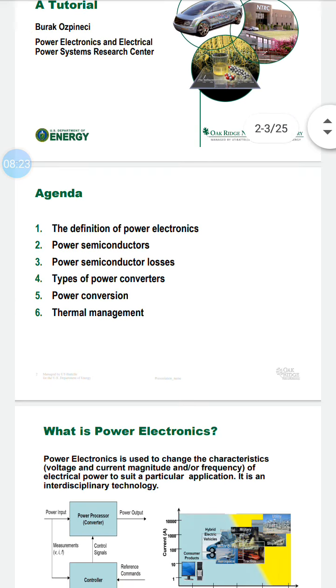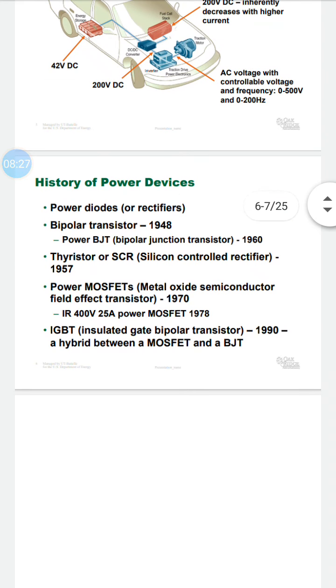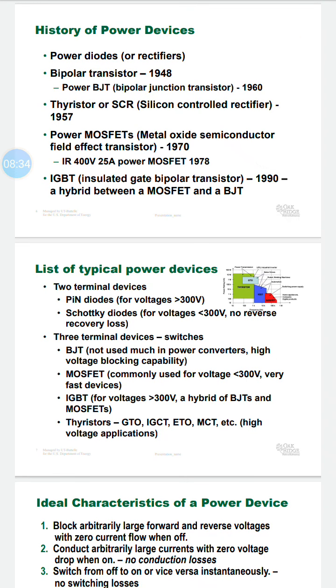Now, you have studied power semiconductors and power conversions, and afterwards, the list of typical power devices. Among two terminal devices, we have the PIN diode, which is always used for voltages greater than 300 volts.